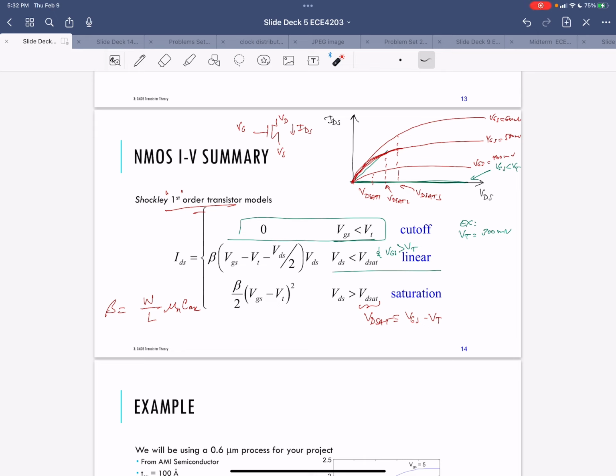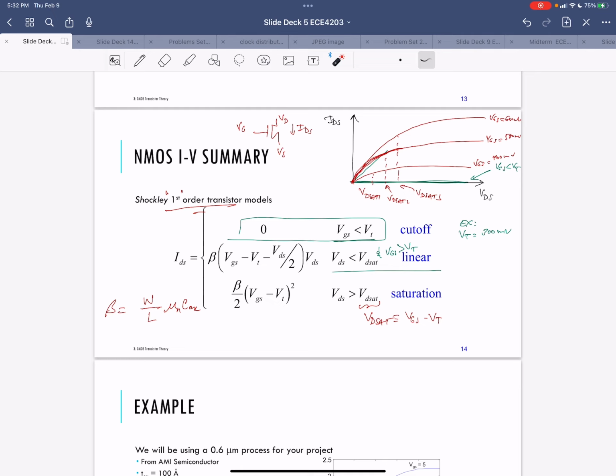I forget if it's 45 nanometers or 40 nanometers, whatever it is, it's the same process. For that particular process, the electrons will have a certain mobility and a certain gate capacitance density.